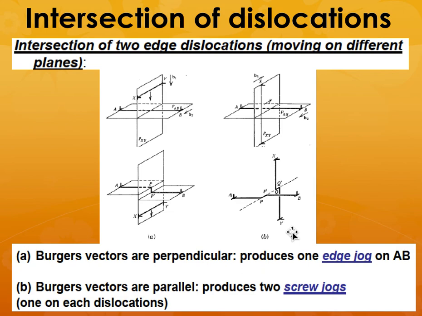Say for example, if you have edge or screw dislocations that are of the same sign, they would rather move from one plane to another and then start moving again. So you have to have what is called an edge jog in order to be able to move the dislocation.